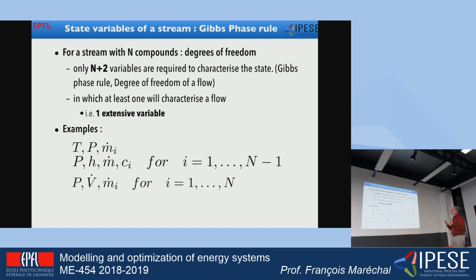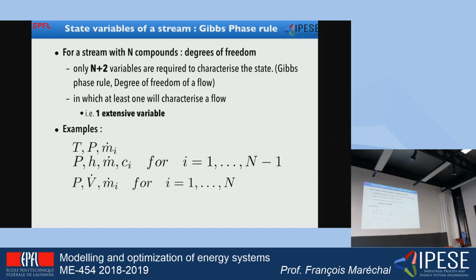This is the degrees of freedom. If you give me n plus 2, n being the number of compounds, and among the n plus 2 there is at least one variable which is extensive, defining the flow, then I will be able to characterize the state of the system.